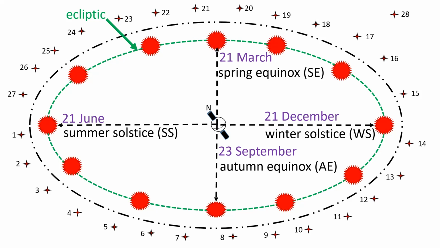That corresponds to about 21st, 22nd March in the Gregorian calendar. And the tropical solar year would be complete when the sun returns to this exact point of the next vernal equinox.